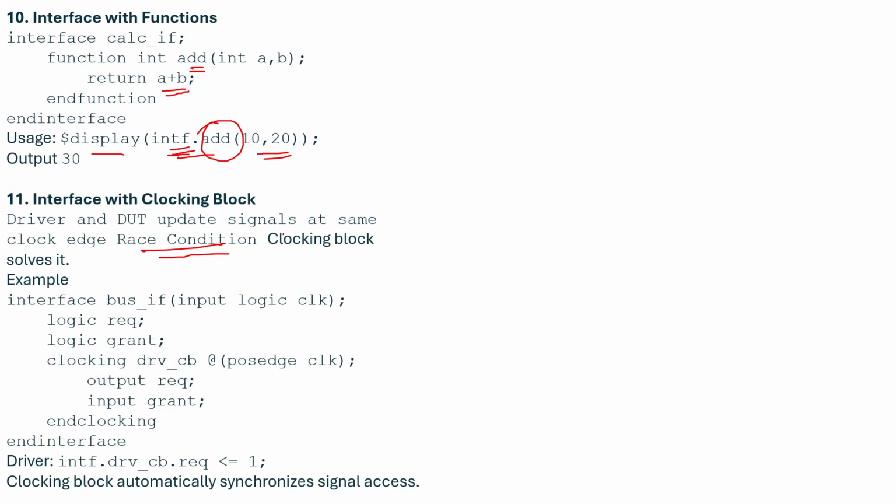So this is my clock, posedge clock. Here only you are driving the TB signals, and here only you are observing the DUT output. At the same time I am applying a different signal for the same clock edge, then I may get a race condition. To avoid that race condition, we are using these clocking blocks.